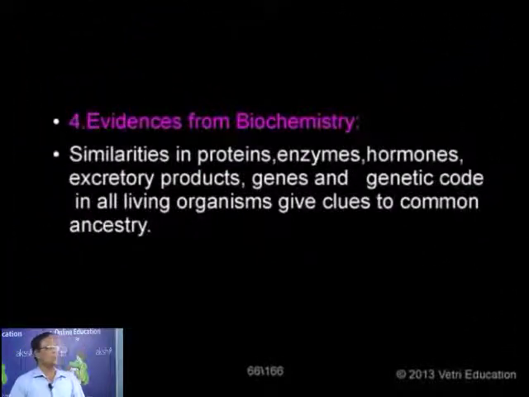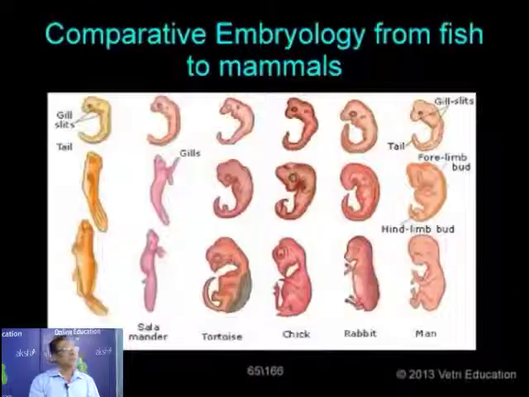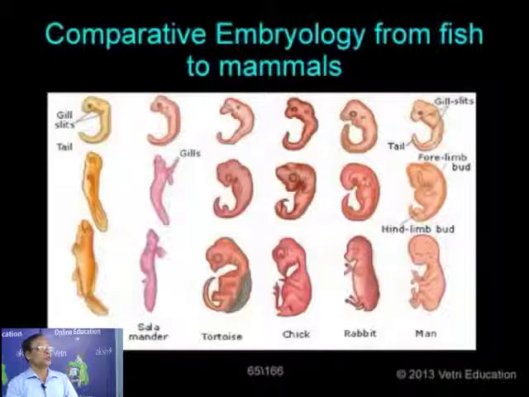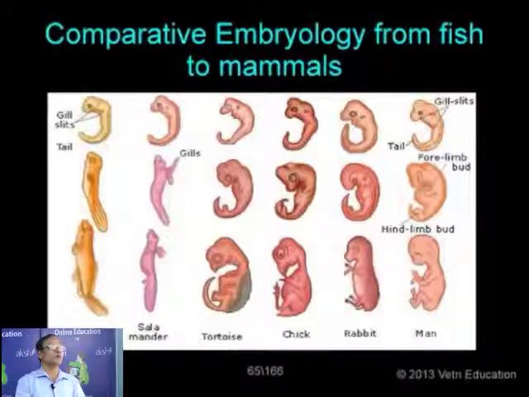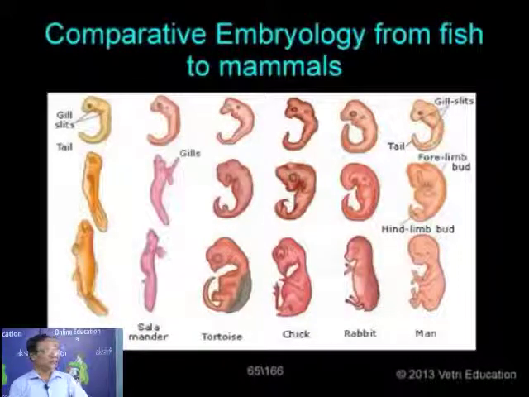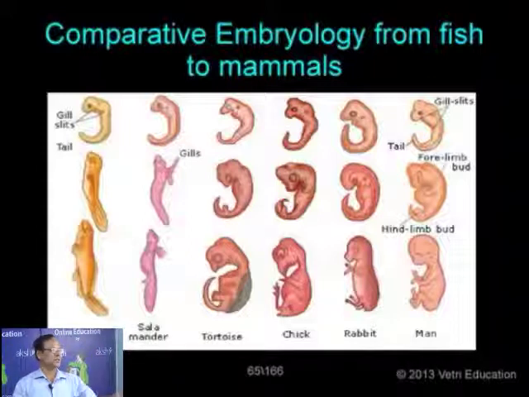Now, evidences from biochemistry. Here is a picture showing the monophyletic origin. Here is given a list of embryos. The first one is a fish, with the different stages: first, second and third stage. Likewise in the case of a salamander, a tailed frog, a tortoise, a reptile, a chick, a bird, then a rabbit, a mammal, and then man, the advanced mammal.